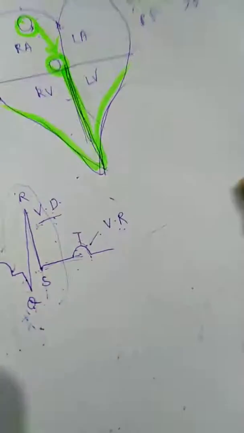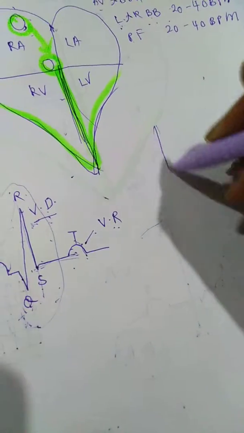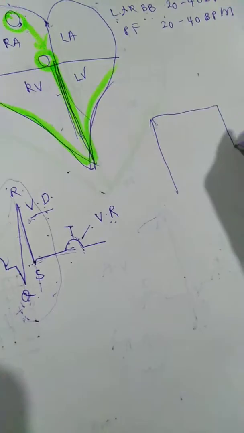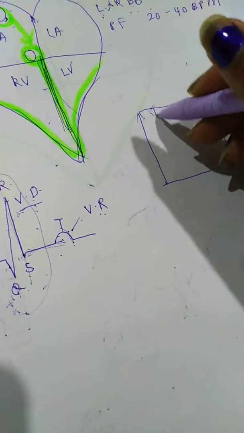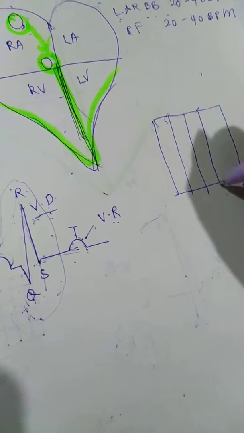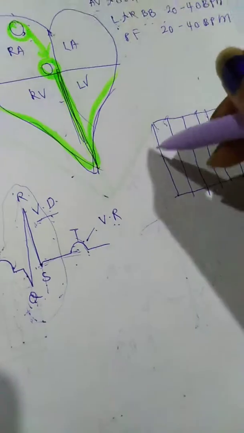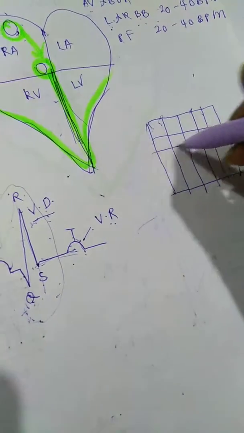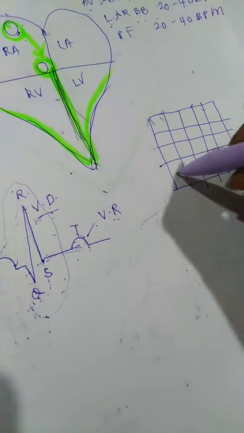As you see on your ECG strips, you'll get to see a big box like this, but literally there are numerous boxes like that. So you will have 5 small boxes in each big box. Excuse my drawing again. So you have it like this, isn't it?